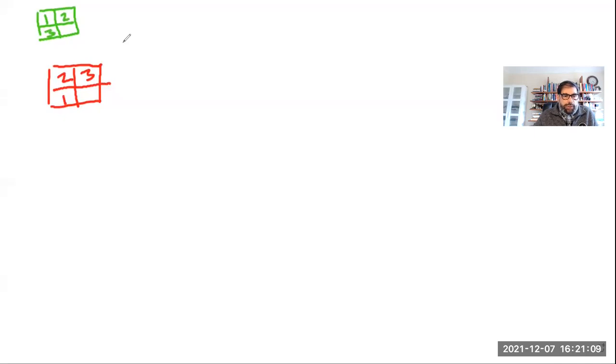Now, let me construct a search tree for this. So if this is the starting state, I can go down like this, where I move 3 down, right? And these two tiles will remain the same.